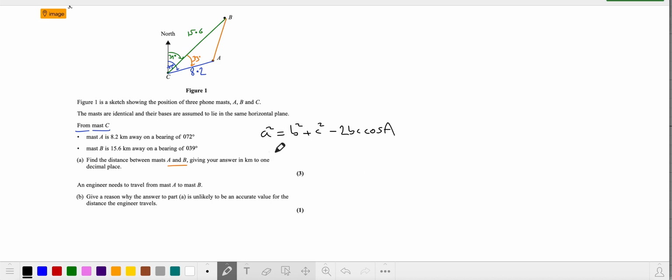So we can just sub that into the formula. A squared is 15.6 squared plus 8.2 squared minus 2 lots of 15.6 times 8.2 times the cosine of 33 degrees.